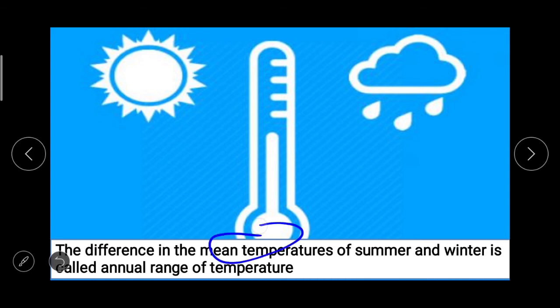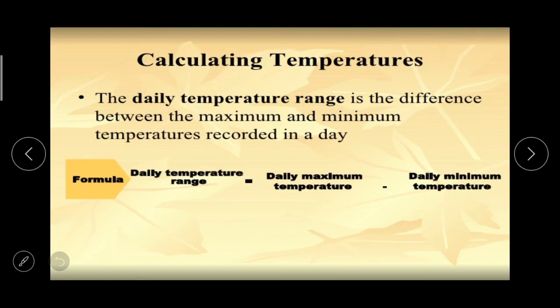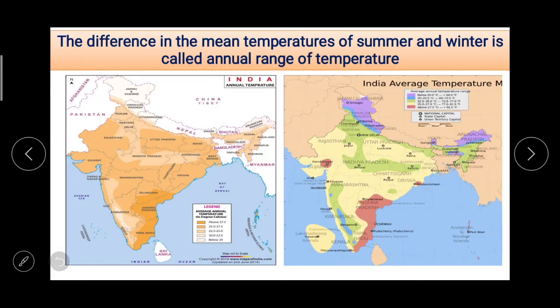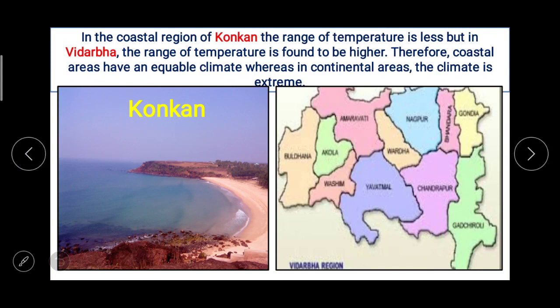In the first part of this lesson, we discussed that the difference in the mean temperature of summer and winter is called the annual range of temperature. The daily temperature range is the difference between the maximum and minimum temperatures recorded in a day. In the coastal region of Konkan, the range of temperature is less, but in Vidarbha it is higher, and therefore coastal areas have an equable climate, whereas in continental areas the climate is extreme.